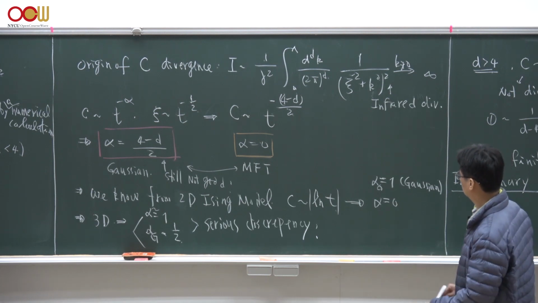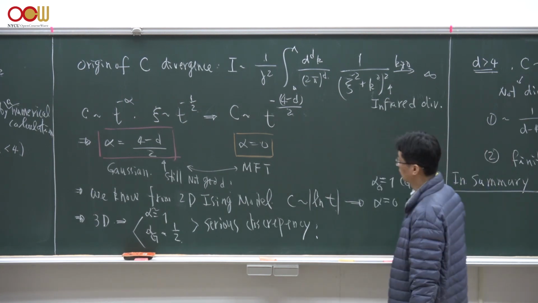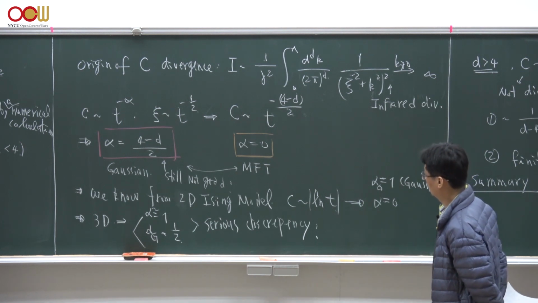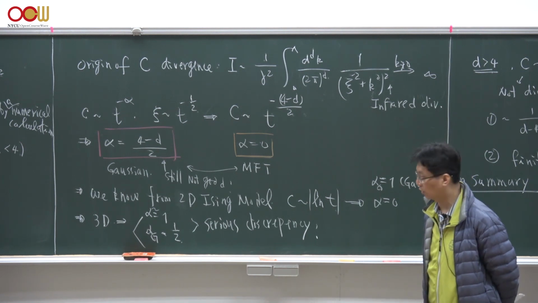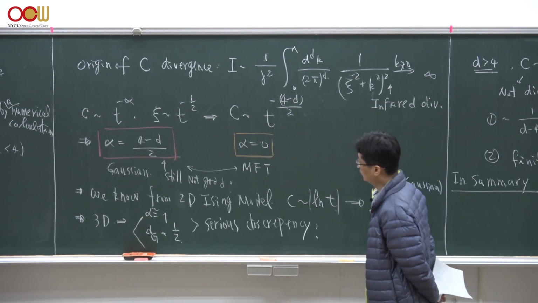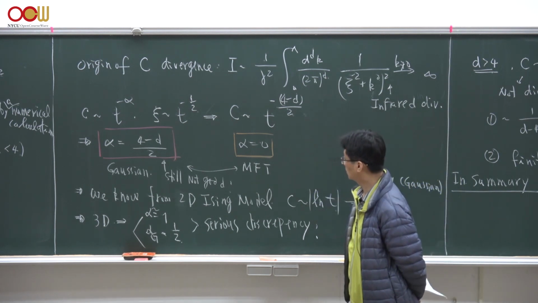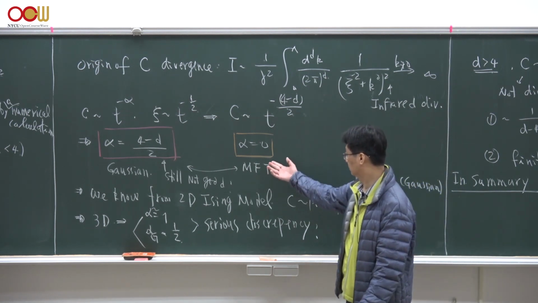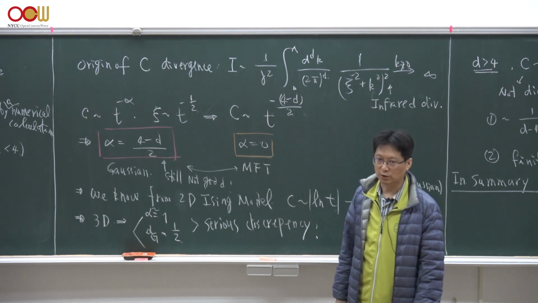So that leads to this alpha value, which is (4 minus d) divided by 2.